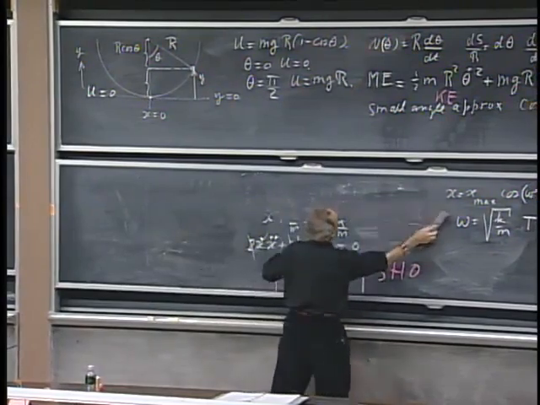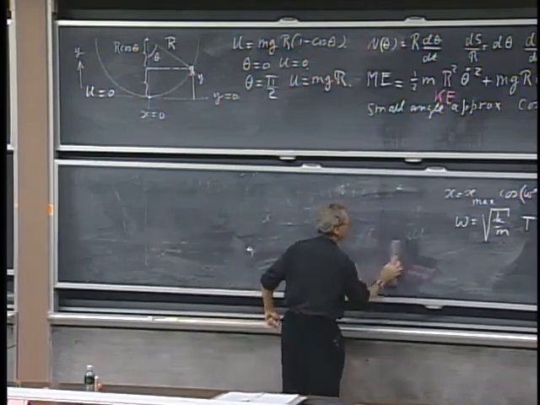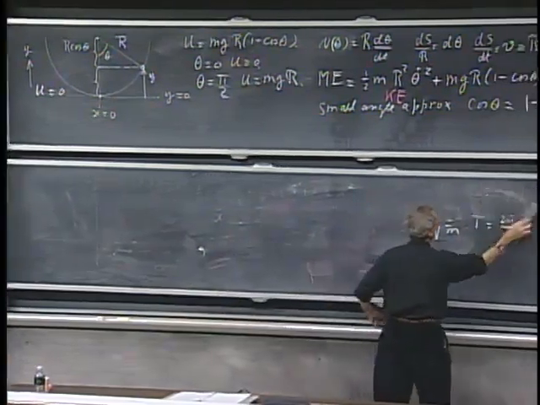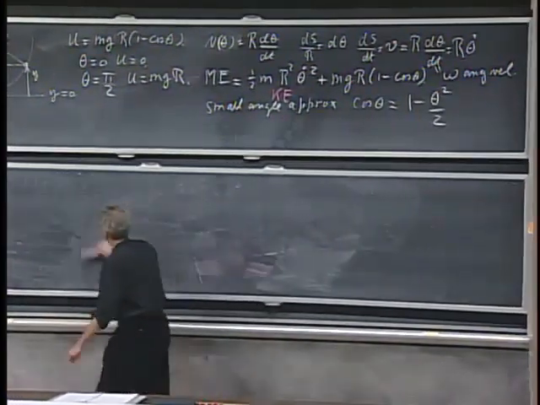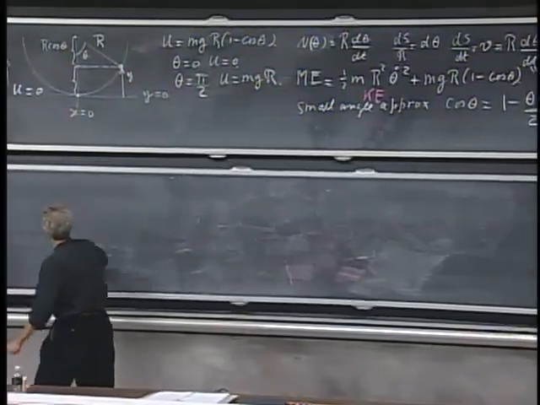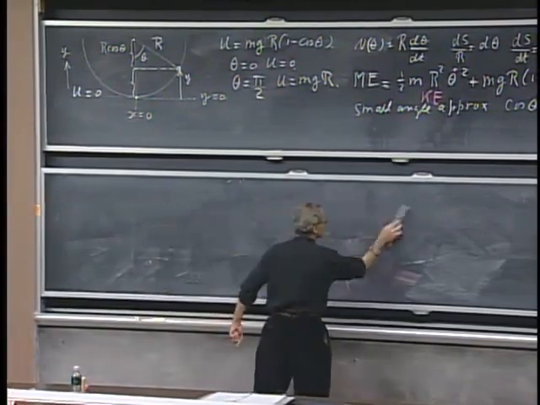And I will massage that equation a little further. And of course, you can already guess what I'm going to do: I'm going to take the time derivative, just as I did in the case of the spring.